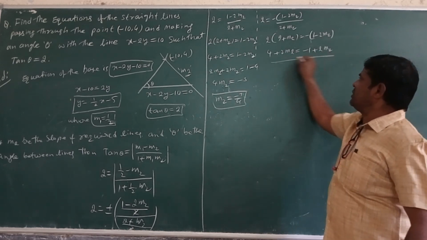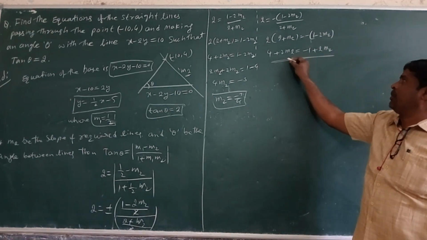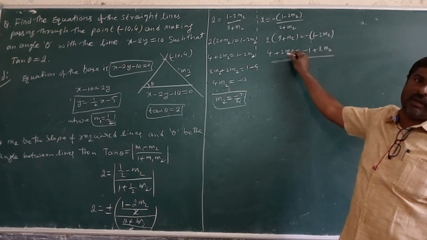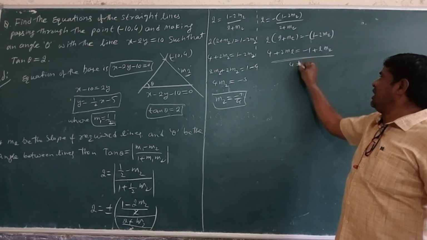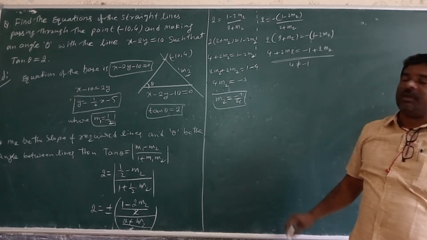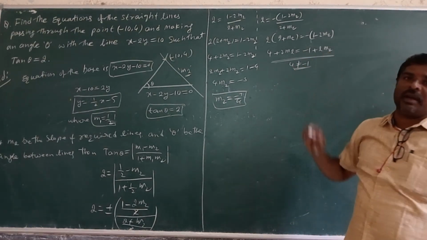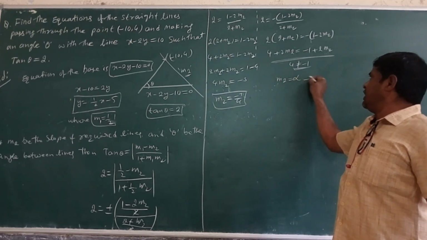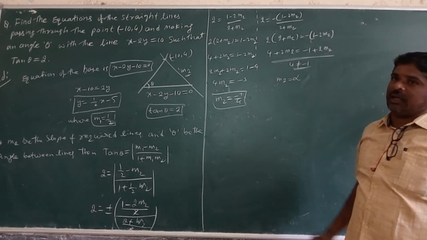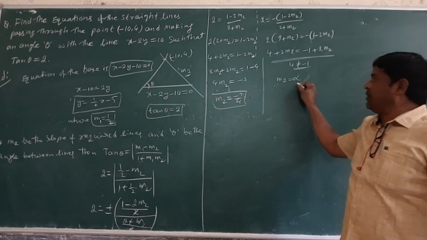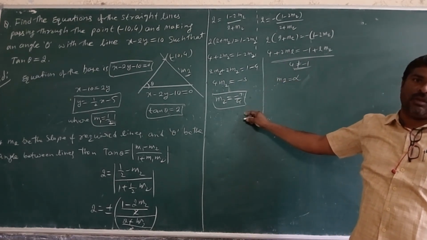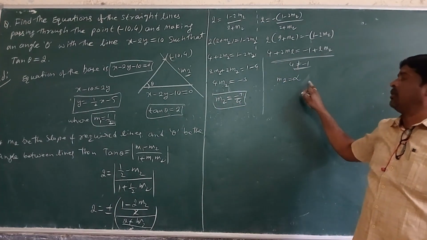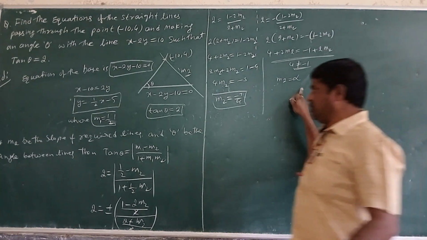Here you should observe clearly that the 2m2 terms always cancel, so 4 is not equal to minus 1. That means m2 takes infinitely large value, m2 equals infinity. Don't worry that only one line comes. m2 equals minus 3 by 4 gives one line equation and m2 equals infinity gives the second line equation, so two equations come.